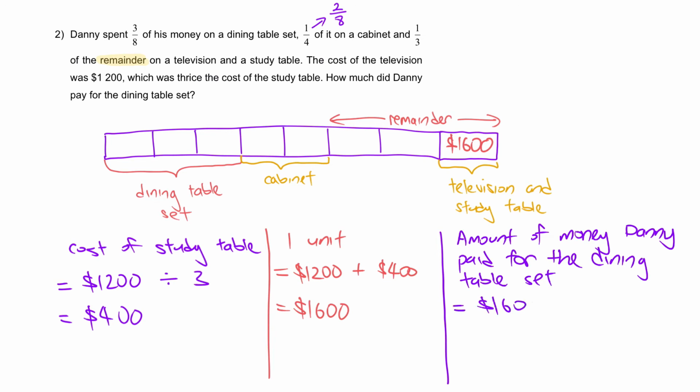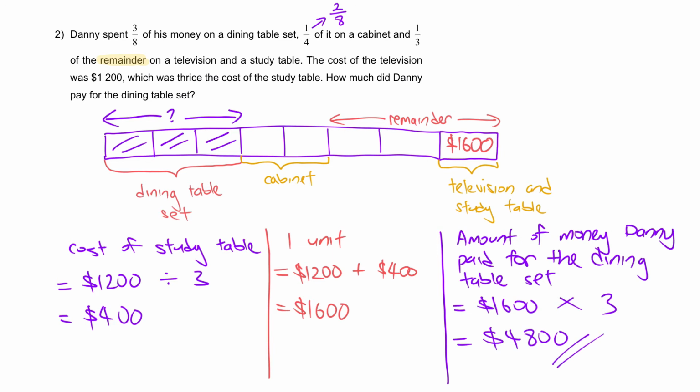So it's 1600 times the 3 units, right? This is what we are trying to find, these 3 units here. So times 3, you will get $4,800. Wow, must be some good quality table set. Okay, 4800. So we are done.